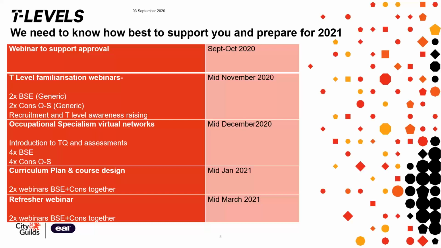If there is something useful people find which is helping delivery, we can share it. We want to build a family of potential T-level delivery network, and that'll obviously just grow. It might then be regional networks, and it might eventually be a huge online forum where we can support each other, and we're going to try and kick that off as well.